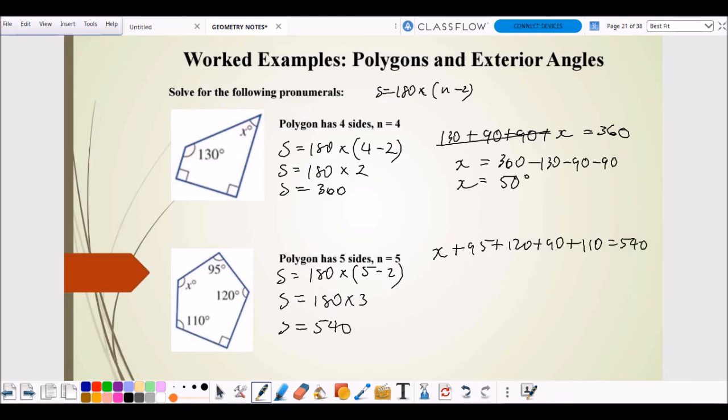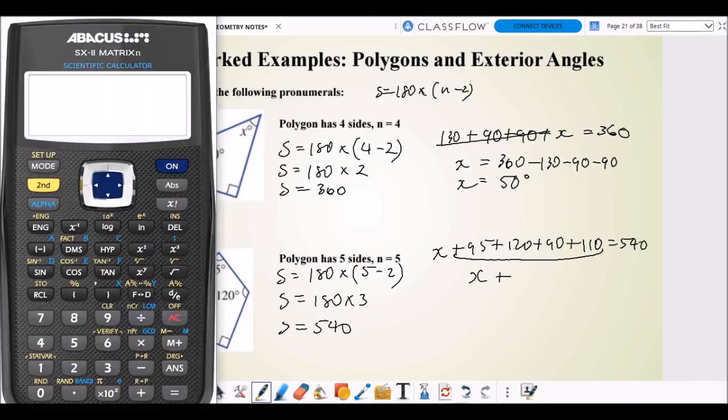Now, the way you normally should do these questions algebraically is to start off by putting the numbers together before you do anything. I haven't really taught you guys that yet. So it's x plus 95 plus 120 plus 90 plus 110.